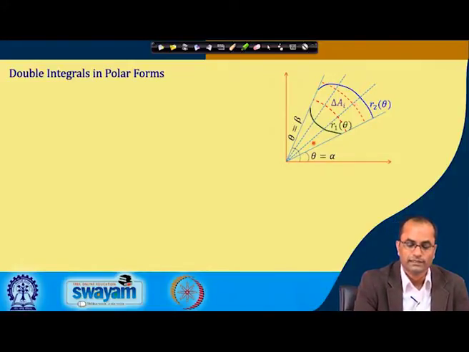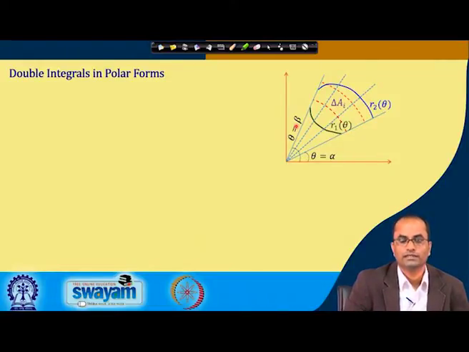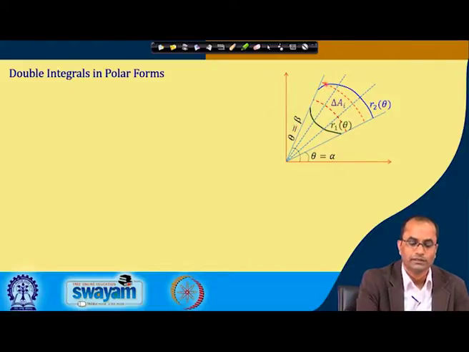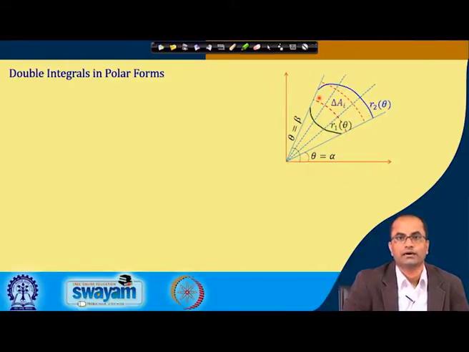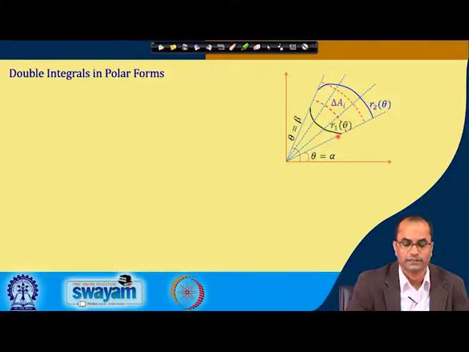For the angle, theta goes from theta is equal to alpha to theta is equal to beta. So, we can cover this domain easily with polar coordinates, but if we discretize in Cartesian form, there will be many difficulties to cover this domain, because it has curves described nicely by r 2 theta and r 1 theta.